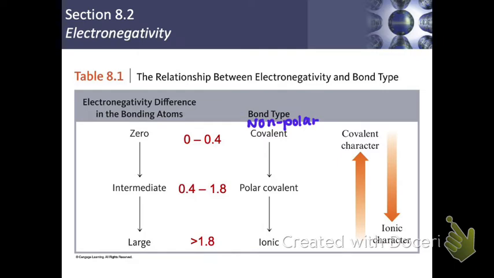Then if we get into a shared electron range, we consider that a polar covalent bond, and we get all the way to a trading range, we get an ionic bond. In Chem 1, the values were 0.3 to 1.7, so this just gives us a little more room to be nonpolar.